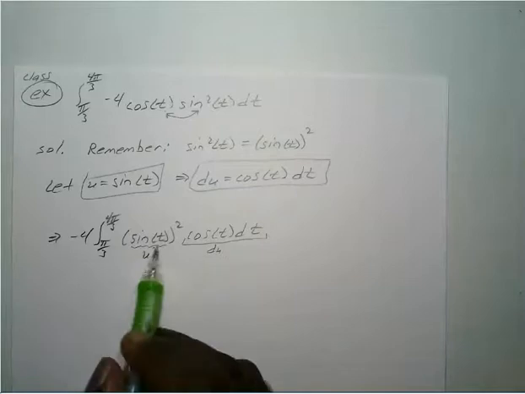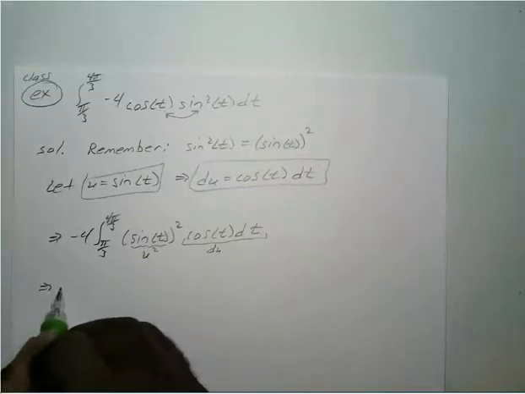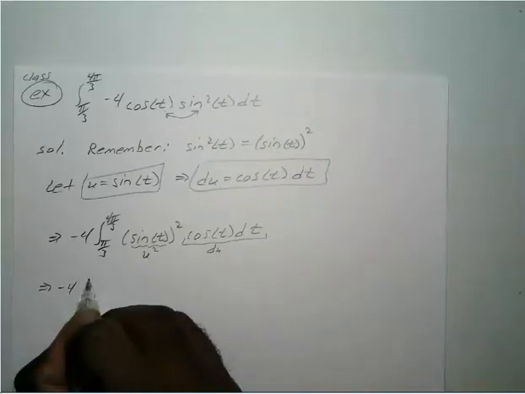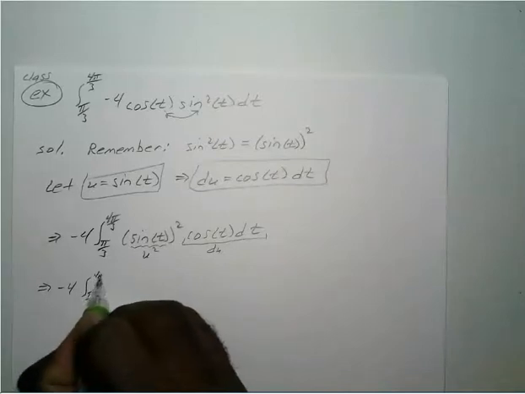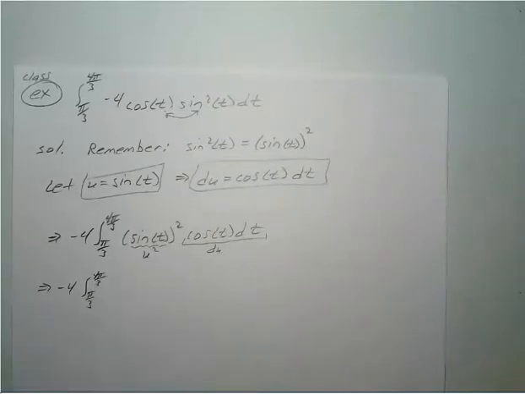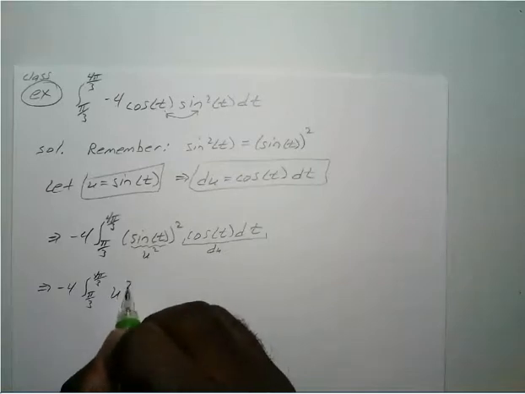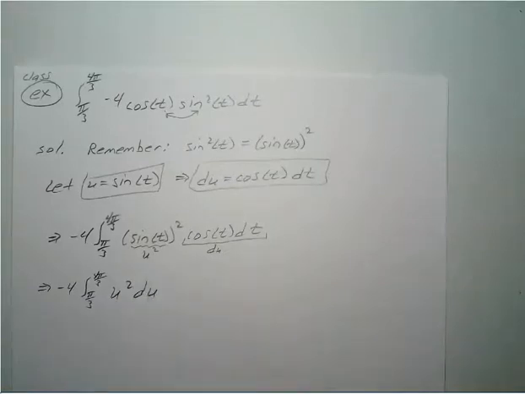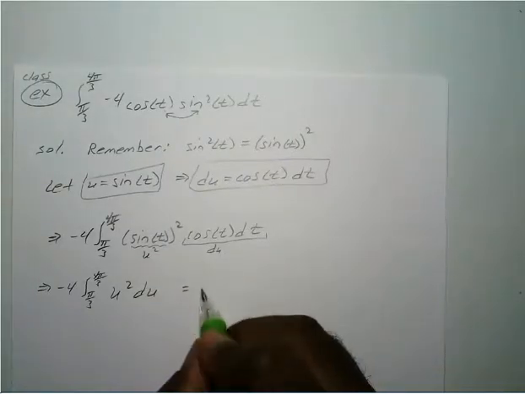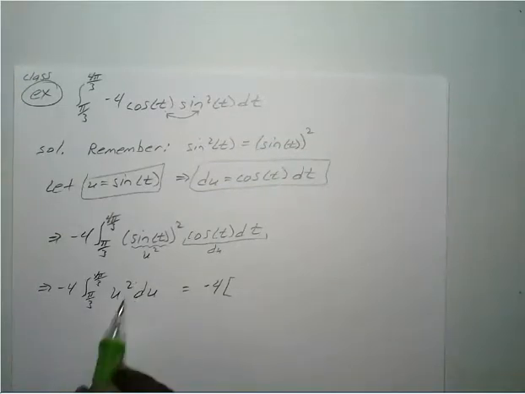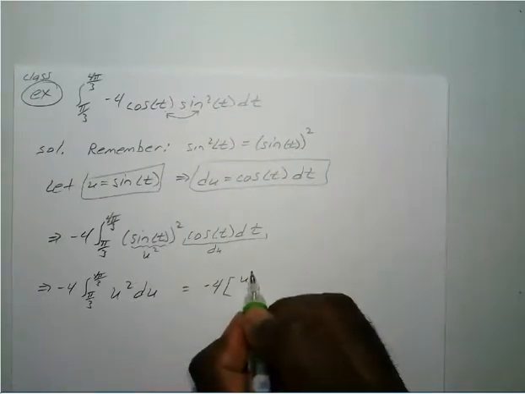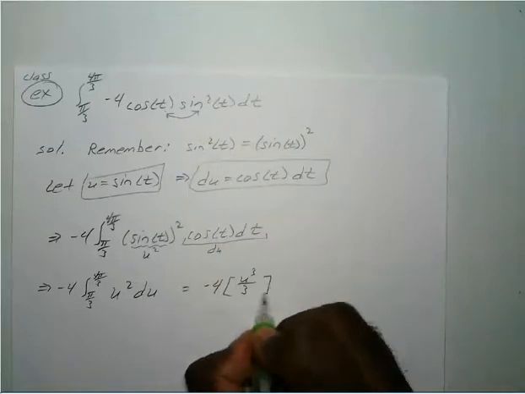All right, so let's go ahead and rewrite it just using the u terms. So -4 from pi over 3 to 4 pi over 3 of u squared du. All right. So, of course, that's just going to be -4 times u to the 2 plus 1 over 2 plus 1. So u to the third over 3.